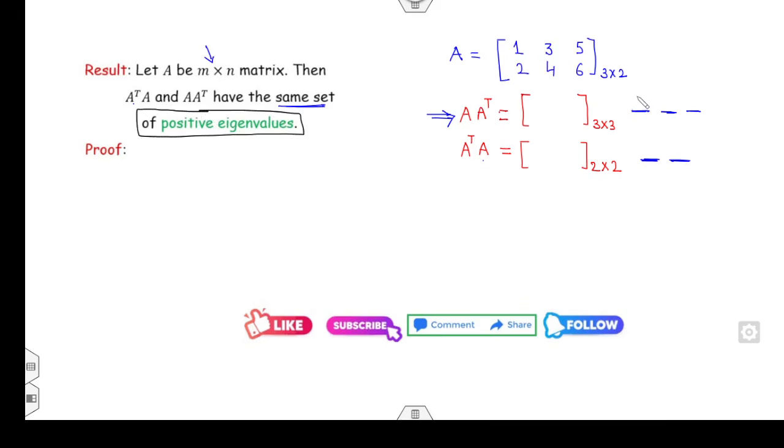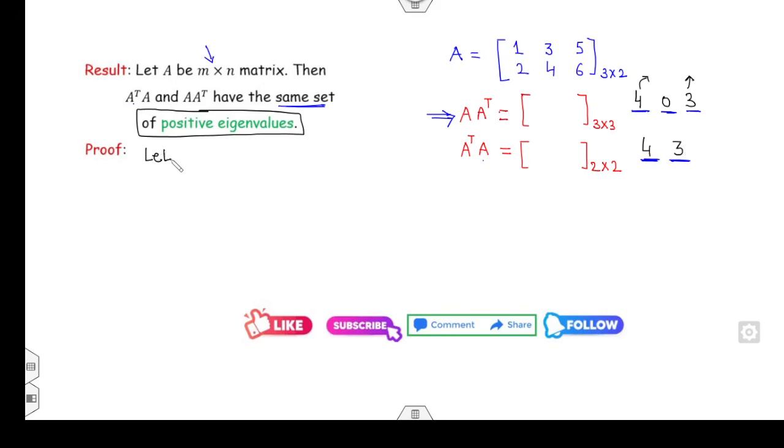The meaning is, if I say A into A transpose has eigenvalues 4, 0, 3, fine, then there is no need to compute A transpose A, because there are two positive eigenvalues. So A transpose A must have 4 and 3 as its eigenvalues. Fine. The proof is again very simple.